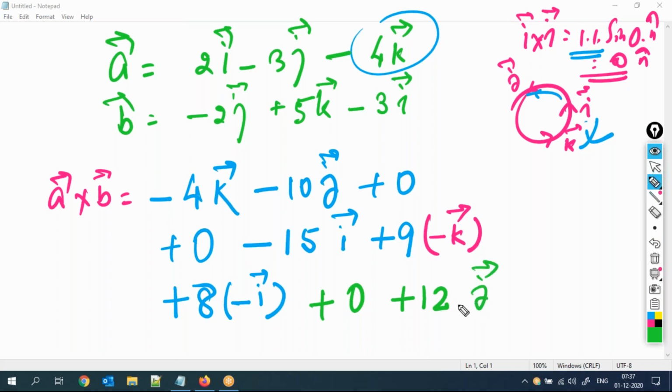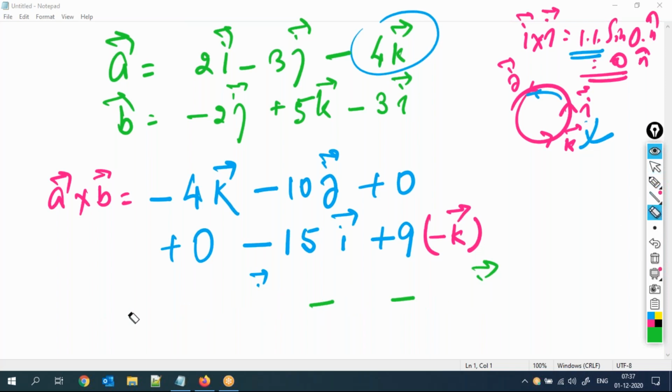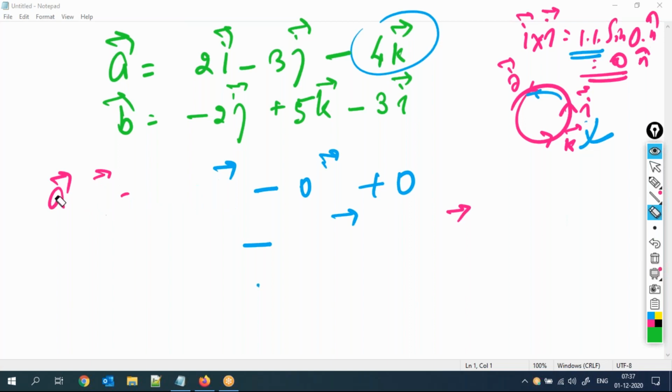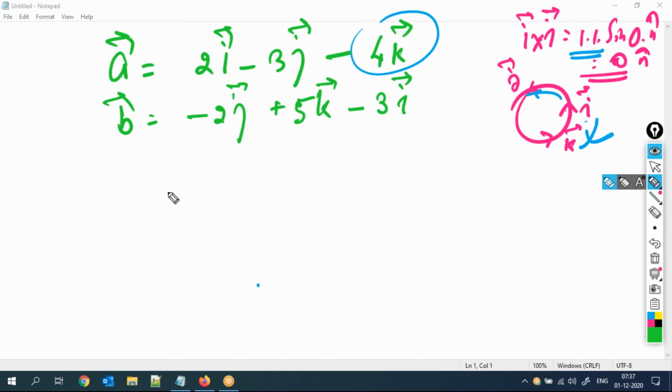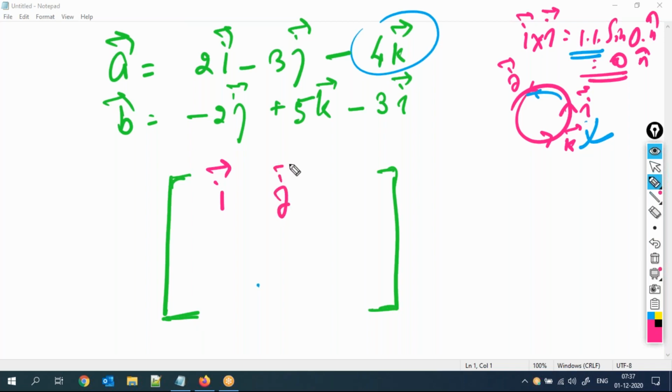So we got the answer. But this is not the nice way to do it. What is a nicer way to do it is this one. Do you remember what this is? This is a matrix: I, J, and K. And what is A?